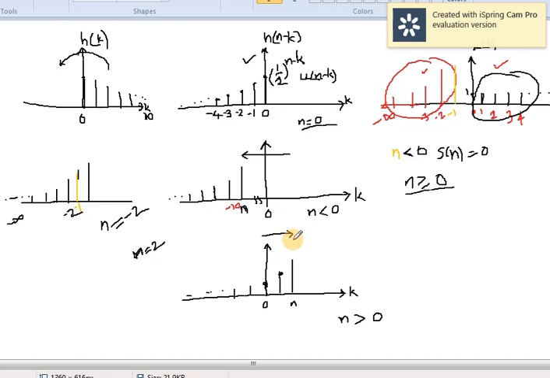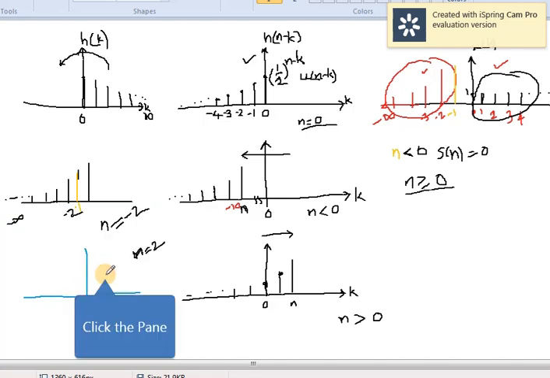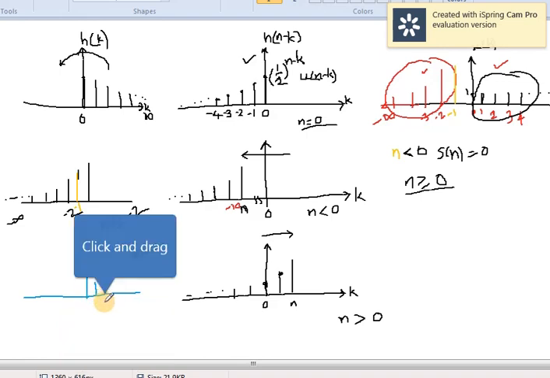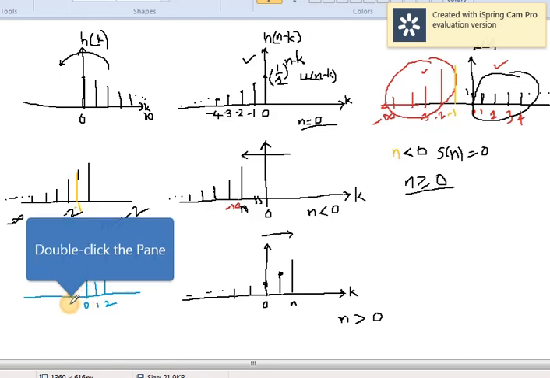When n is equal to 2 in the h of n minus k signal, the very first sample will come at 2. So from 2 to minus infinity, that h of n minus k signal would be running.